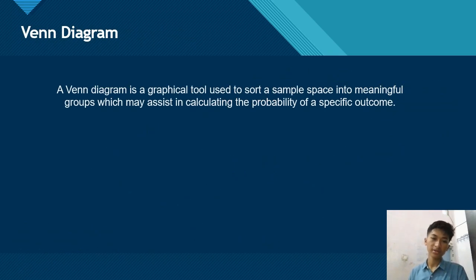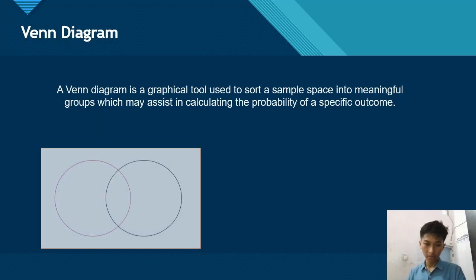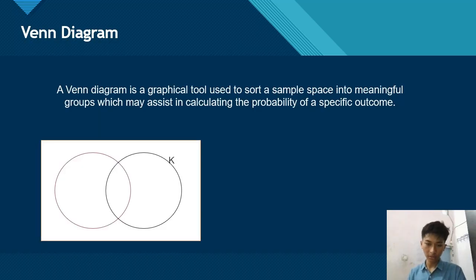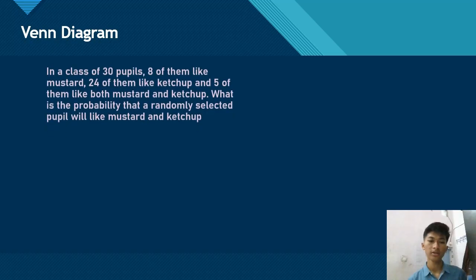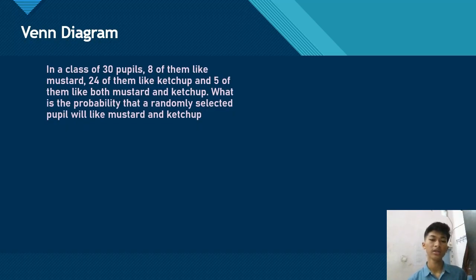Next, Venn diagrams. A Venn diagram is a graphical tool used to sort a sample space into meaningful groups, which may assist in calculating the probability of a specific outcome. Venn diagram example: in a class of 20 pupils, 8 of them like mustard, 24 of them like ketchup, and 5 of them like both mustard and ketchup.